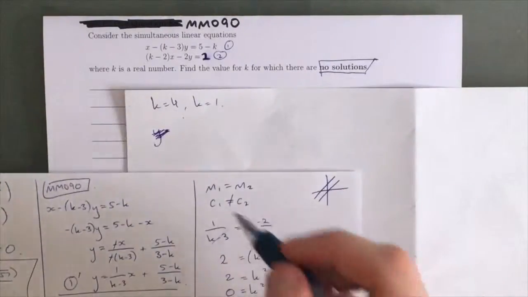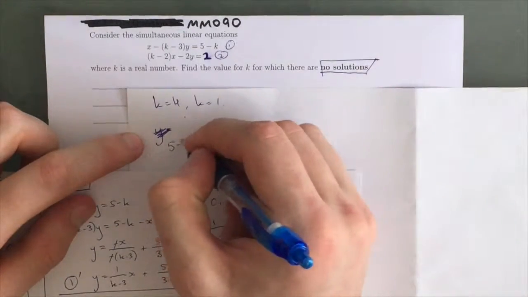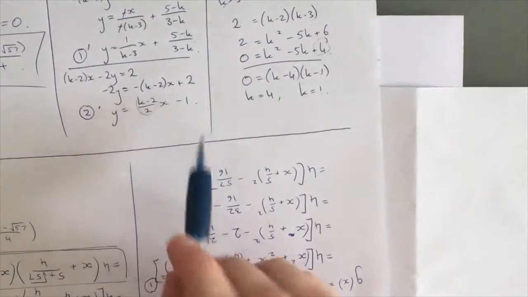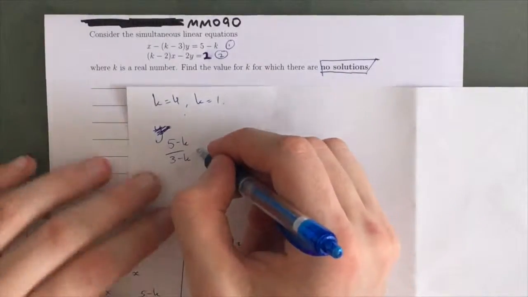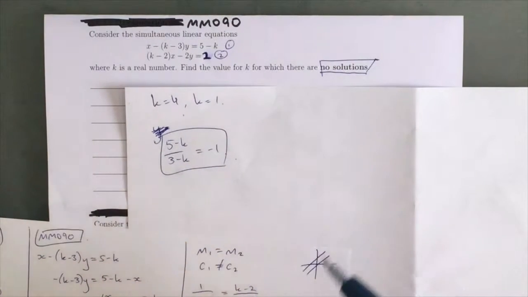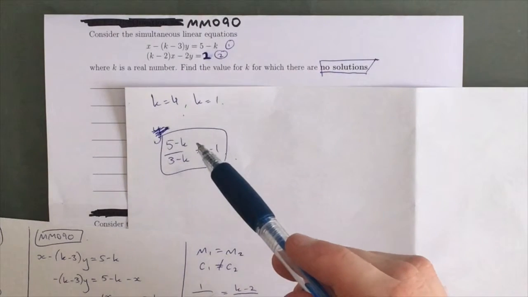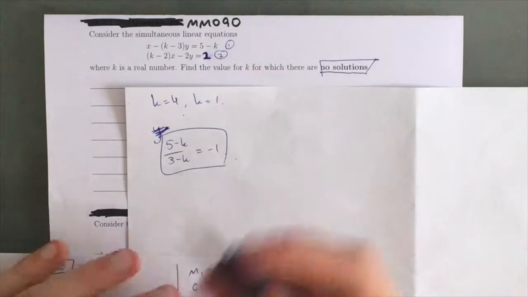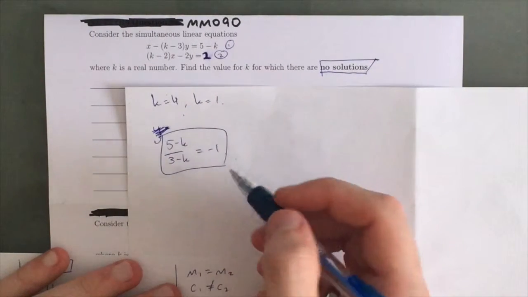So our first c value is (5 minus k) over (3 minus k). And our second c value is negative 1. So if these two equal each other for these values of k, then it will have infinitely many solutions. And if the c values don't equal each other, then it will have no solutions. So basically what we do from here is sub in the k values and see what happens.